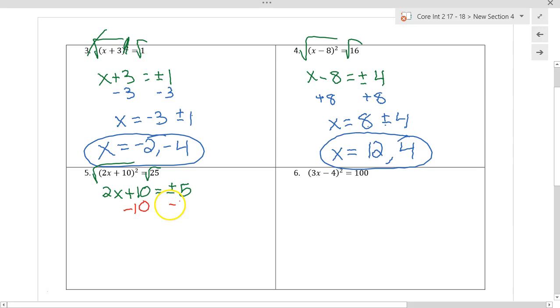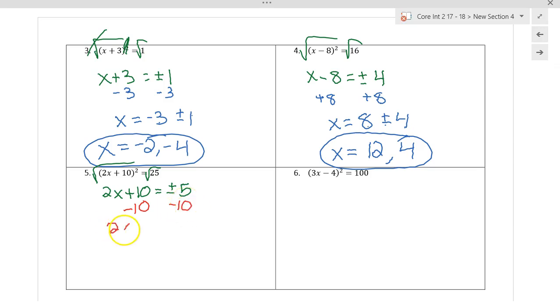The opposite of adding 10 is subtracting 10. 2x equals negative 10 plus or minus 5. So 2x equals negative 10 plus 5 is negative 5. Negative 10 minus 5 is negative 15.